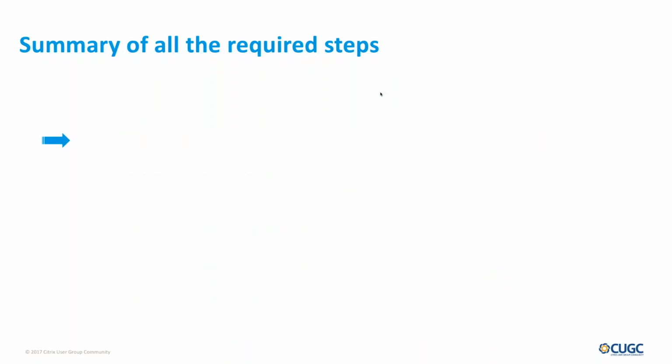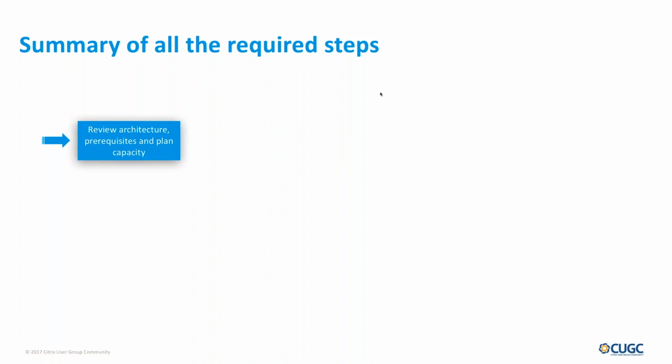So let's summarize all the steps that are required to activate Microsoft Azure Site Recovery and Citrix XenApp and NetScaler GSLB. First off, we need to review the prerequisites, the on-premise architecture, and plan the capacity.